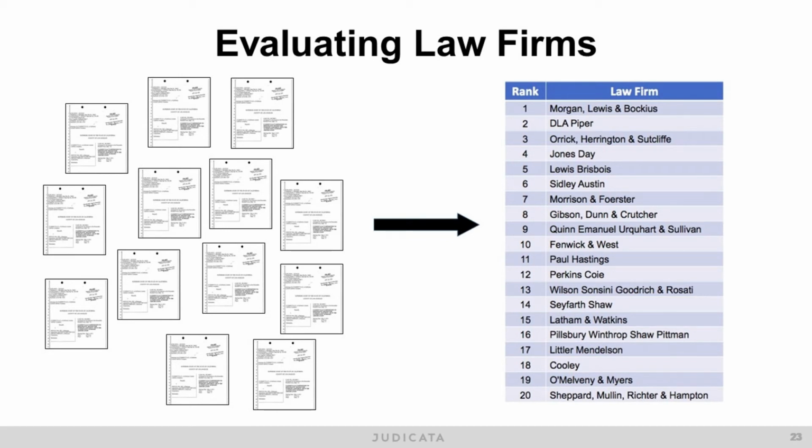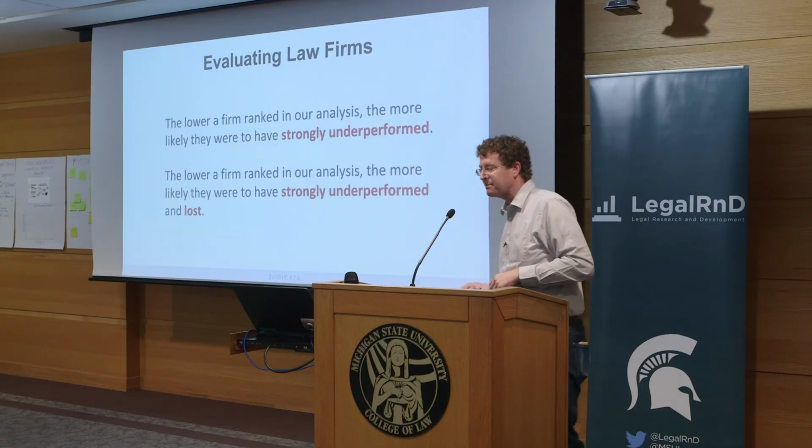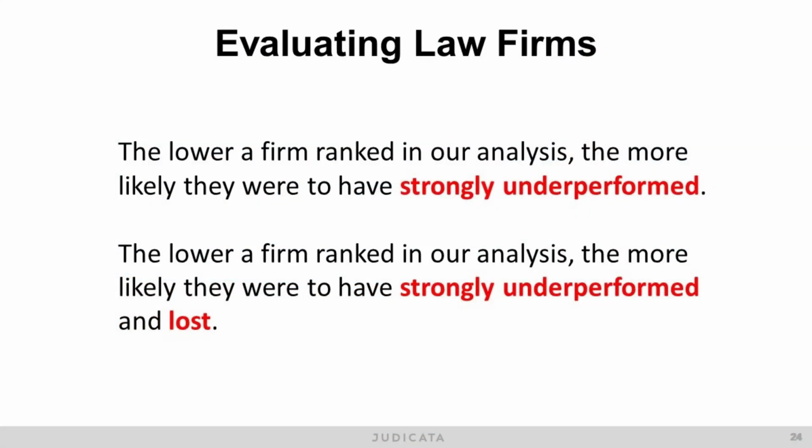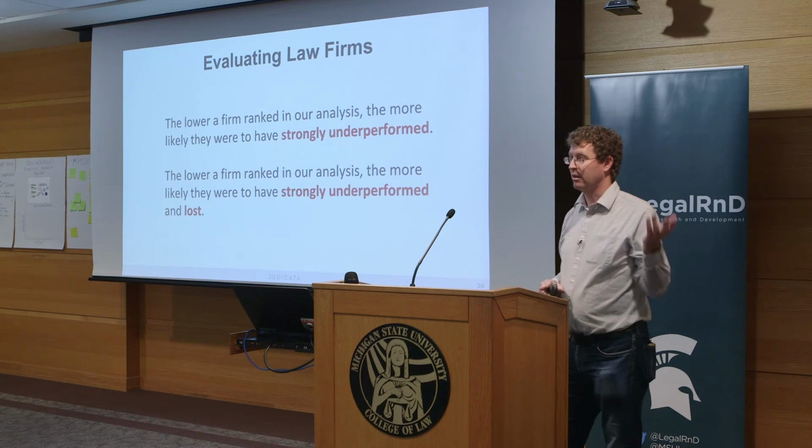So, evaluating law firms. We took a bunch of briefs from the 20 largest law firms in California, scored them, took all the briefs from each of the firms and calculated their average score, and then we ranked them based on those scores. A few things came out that were interesting. The lower a firm ranked in our analysis, the more likely they were to have strongly underperformed, what we saw in the last slides.